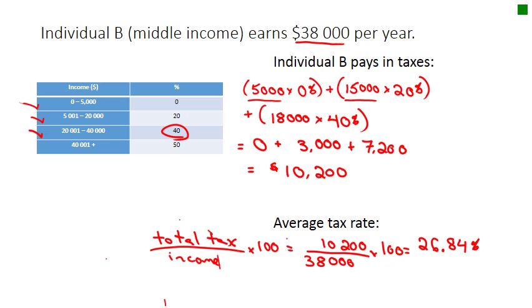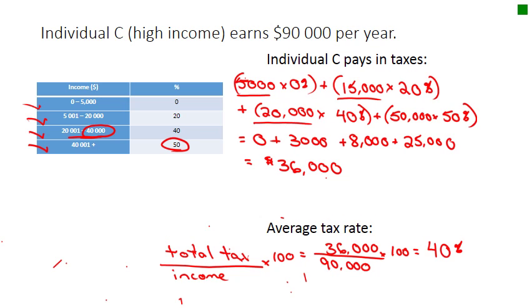Now let's see for the high income earner. Okay, so this individual earns 90,000, so we know the first 5,000 is tax-free. We can take into account another 15,000. We can take into account another 20,000 for this tax bracket.